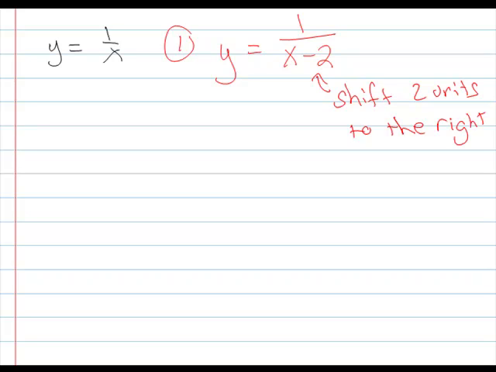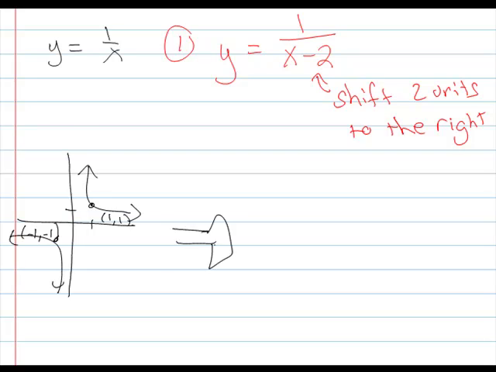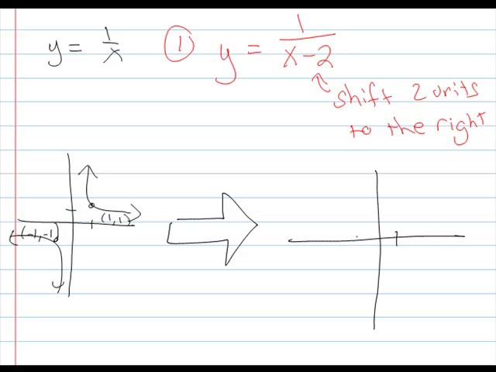Okay, so we draw our little graph. I'm going to go ahead and draw what we had before. Remember, we had something here at 1, 1, and -1, -1, and it went like that. All right, now we're going to shift 2 units to the right. So our new graph is going to look like this.